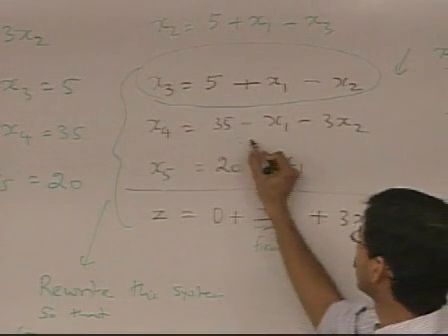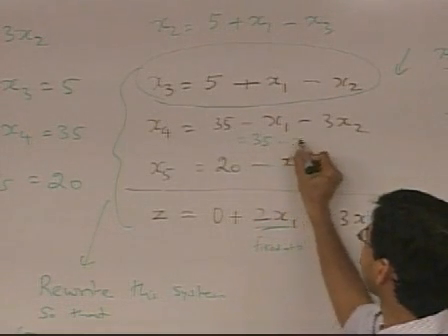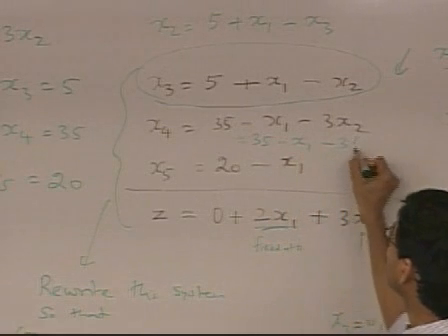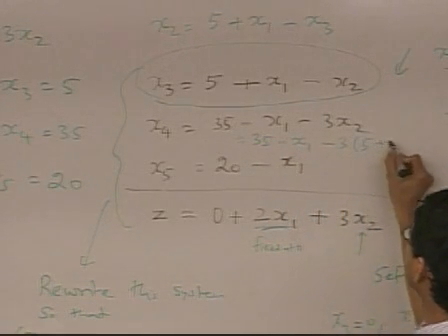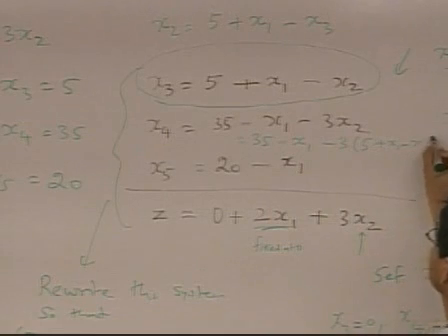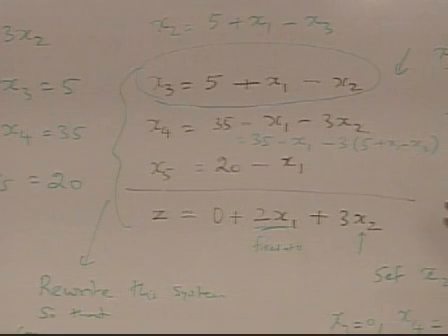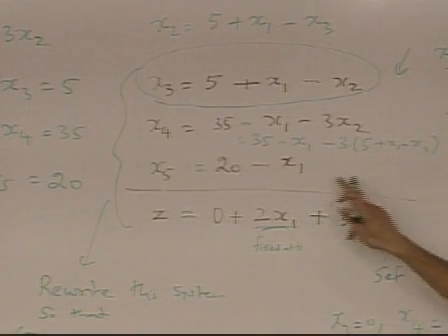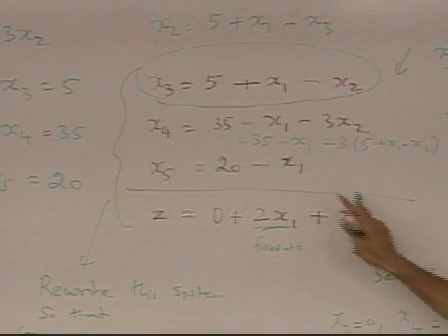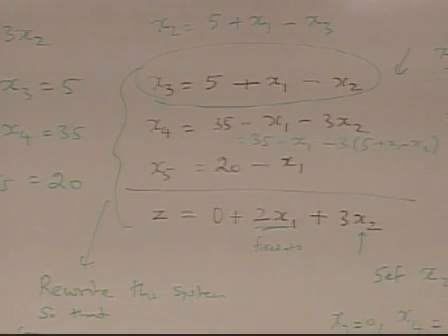So this would be 35 minus x1 minus 3 times 5 plus x1 minus x3. If I simplify this, I'm going to get everything in terms of x1 and x3. And this already is in that form. So let me write down what we get.